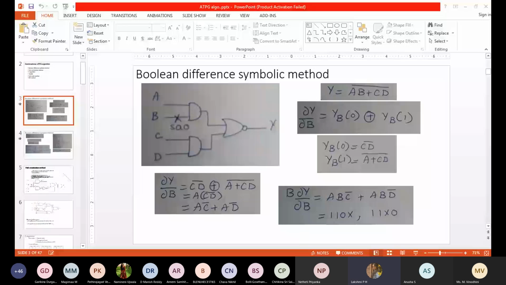Using this, you can identify the test vectors when the input is the fault, unlike the previous algorithm where the test vectors are already given. No, I want the objective of the fault simulator algorithms. I defined the objective of this ATPG algorithm: ATPG algorithms are used to find the test vector which will detect the specified fault.